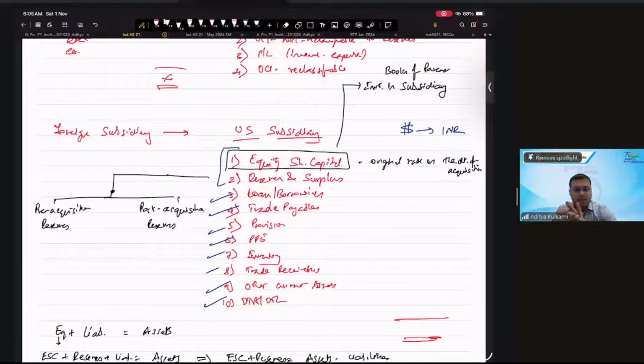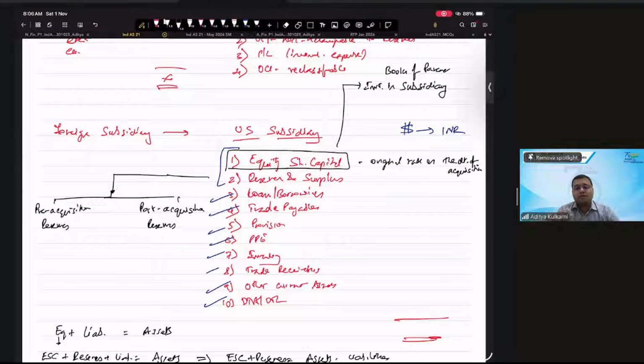Or along with equity shares, a proportion of reserves and surplus also comes along with that equity. What do you think? Reserves and surplus proportion comes along. So therefore, can I say that on the date of acquisition I am not only getting some stake of equity capital, physically getting shares credited to my account.